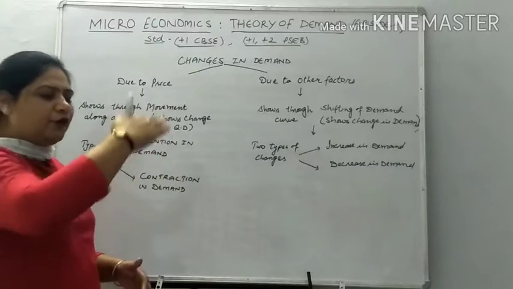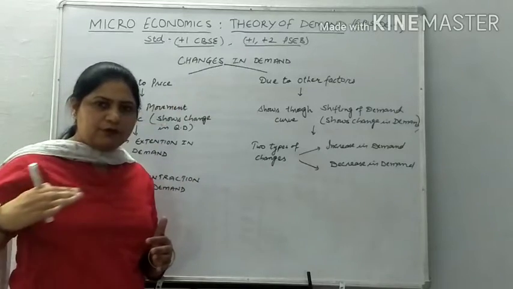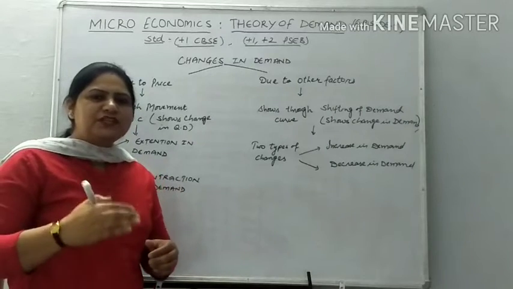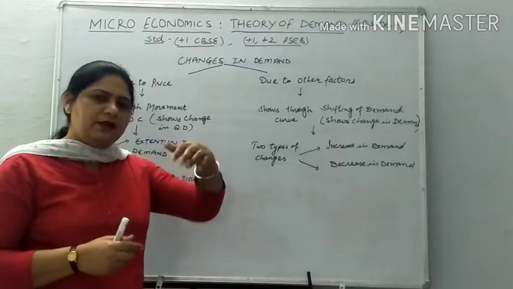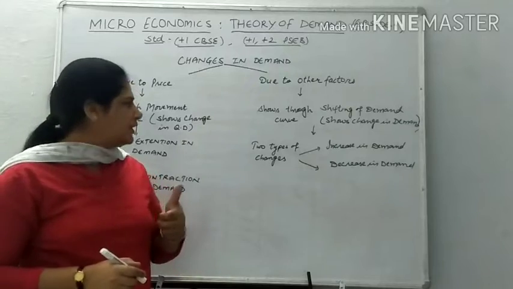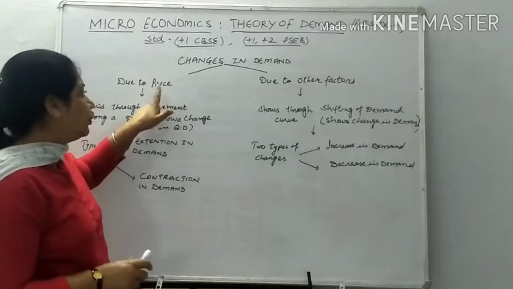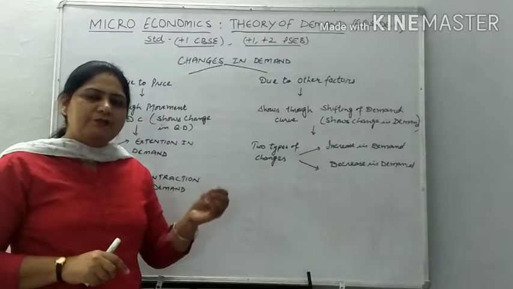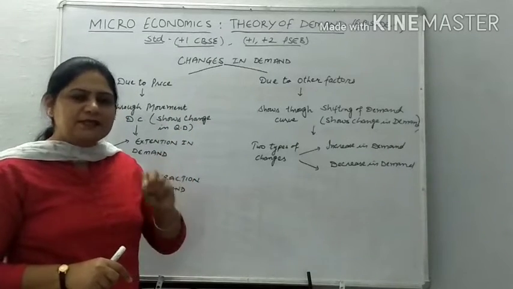According to a demand curve, we show this change by a downward or upward movement of an arrow, which indicates what type of change in quantity demanded occurs due to a fall in price and due to a rise in price. Students, this is a change in demand due to price but not other factors that can affect demand according to the demand function. Only price can make these changes.